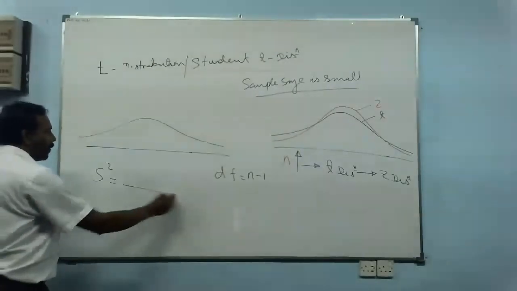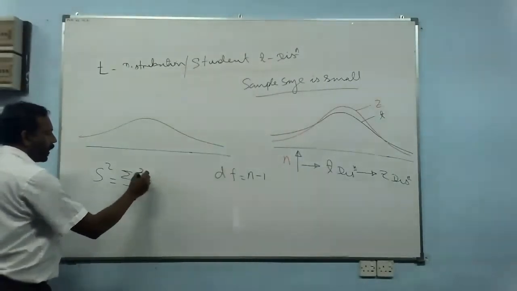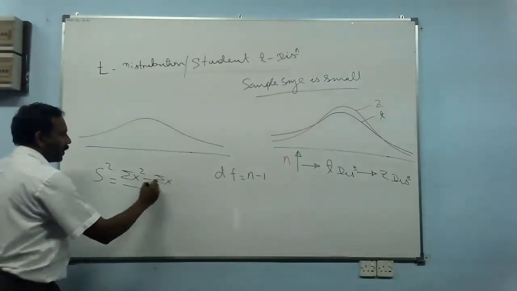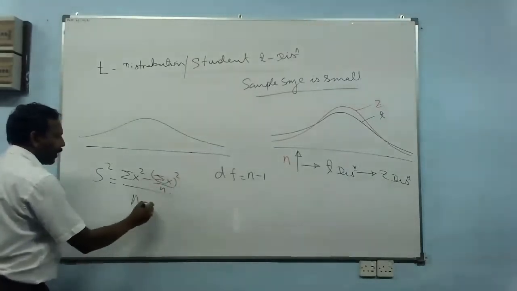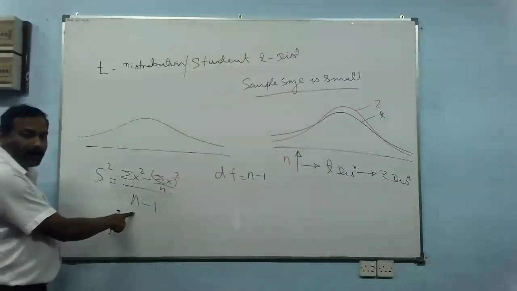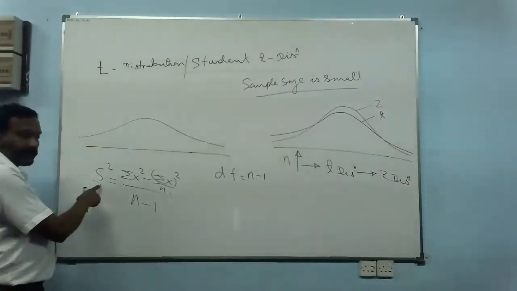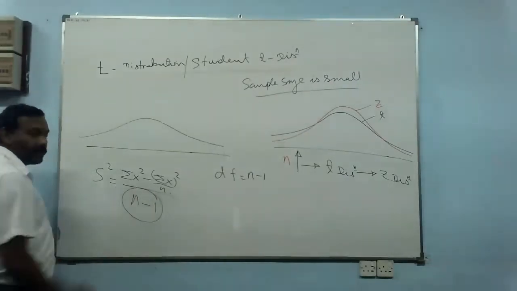Variance is summation x square minus summation x whole thing square divided by n, then divided by n minus 1. Don't you remember this formula? This was in the first or second lecture. Look at the notes. This is called degrees of freedom.